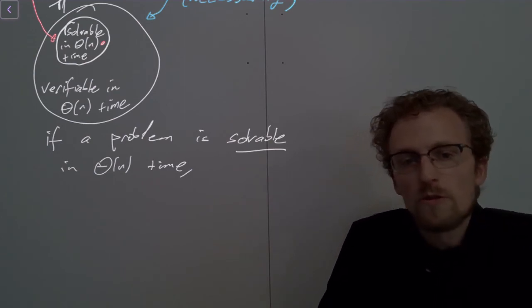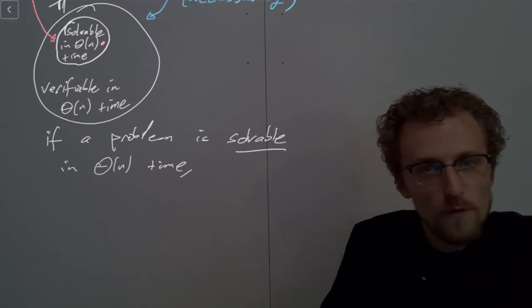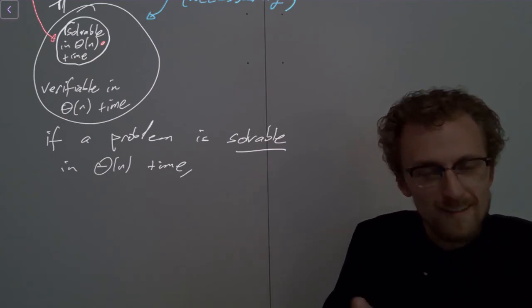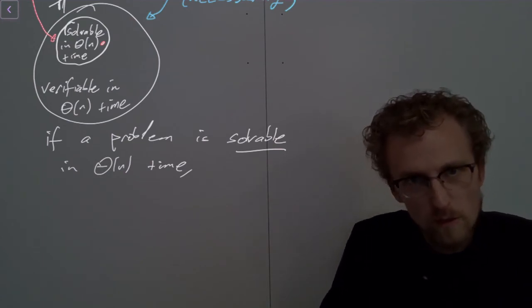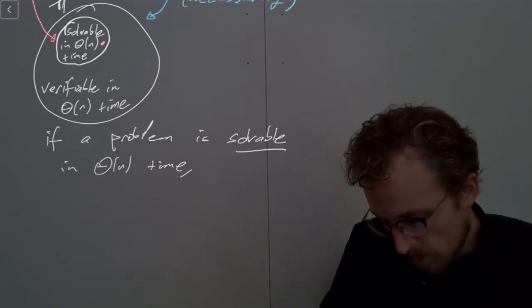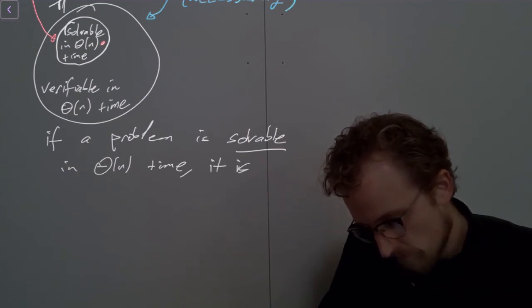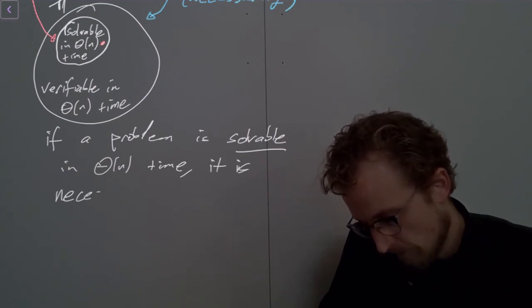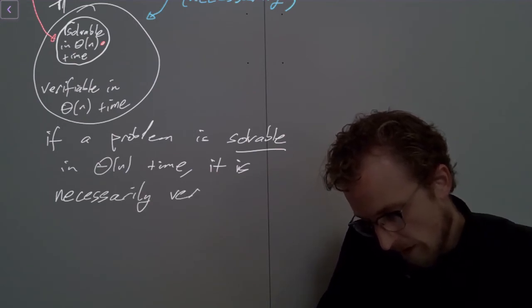What you could do is just throw that away and go solve the problem up front and say, yep, sure enough, this is what you were asking for. So if the problem is solvable in big theta of n time, it is necessarily verifiable in linear time.